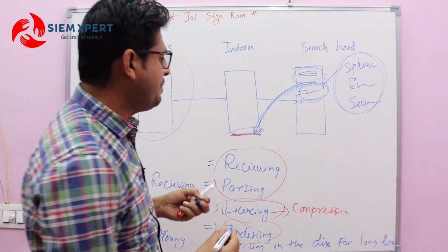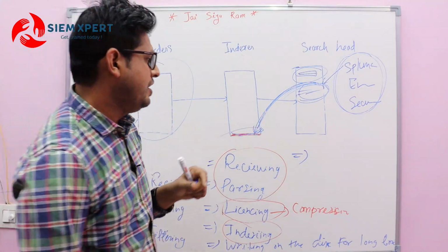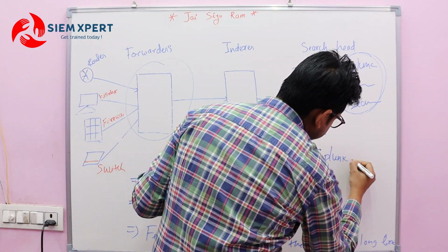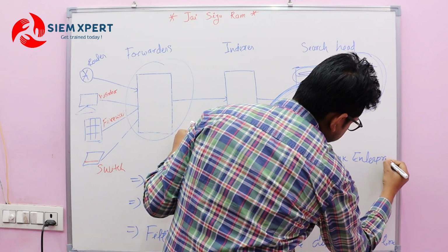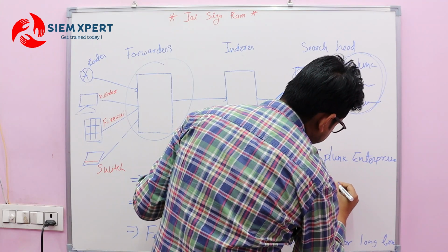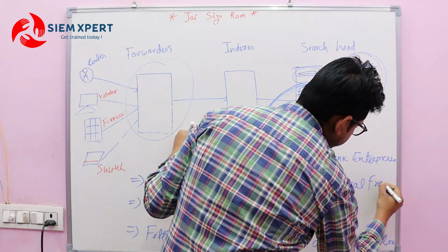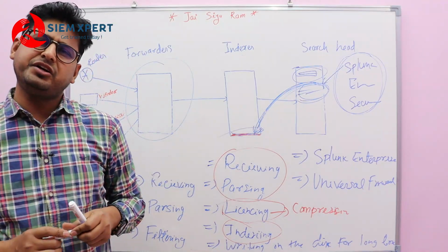So in Splunk there are two installable components only. There are two sets of files for Splunk. One is Splunk Enterprise, and another is the universal forwarder. Many people are confused.